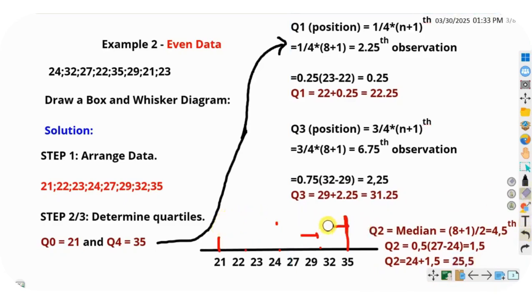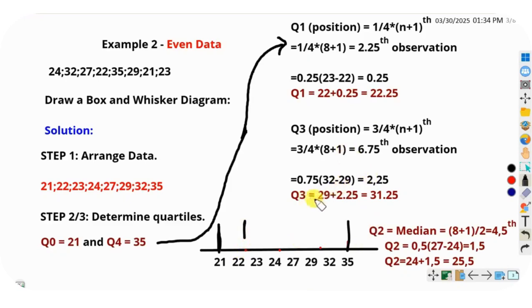Then I use the data to draw the box. Right. Okay, so let us do that. Q0 is 21. Draw a line at 21 there. Q4 is 35. I draw a line at 35. And then Q1, 22.25. Let's assume it's somewhere there, just after 22.